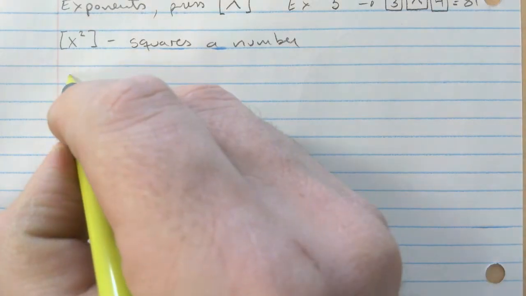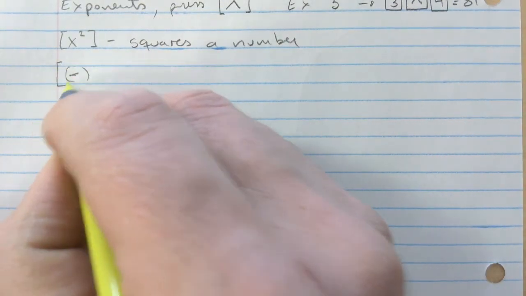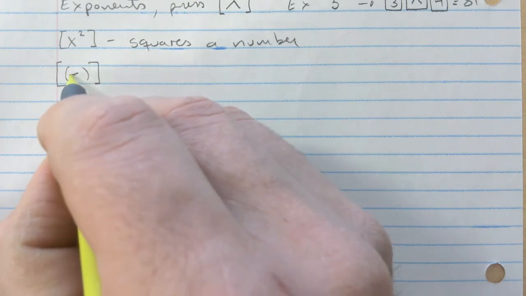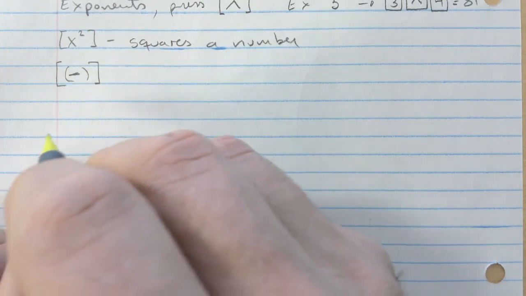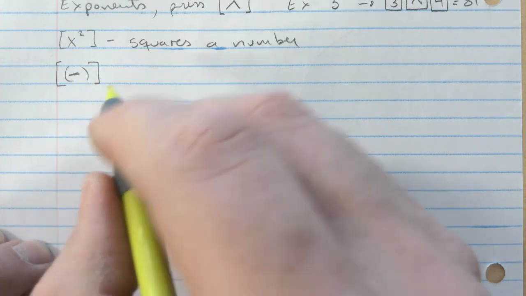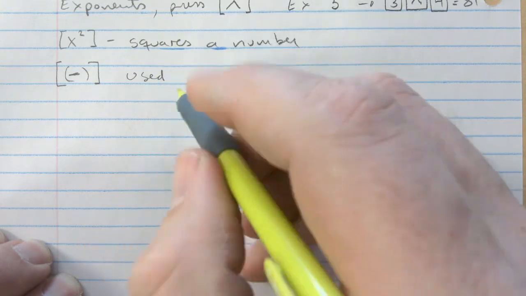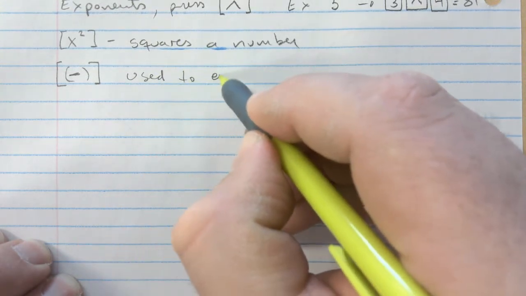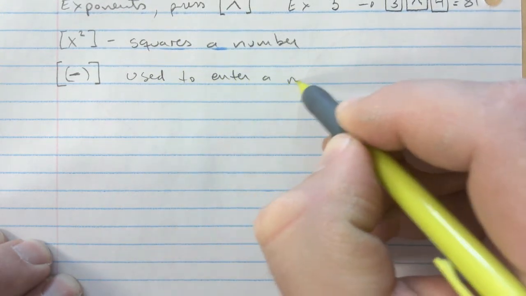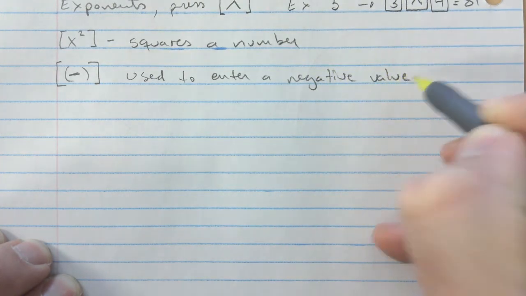And then there's this one, which is very important. There's actually a button that has a negative in brackets like that. It's at the bottom close to enter. Used to enter a negative value.